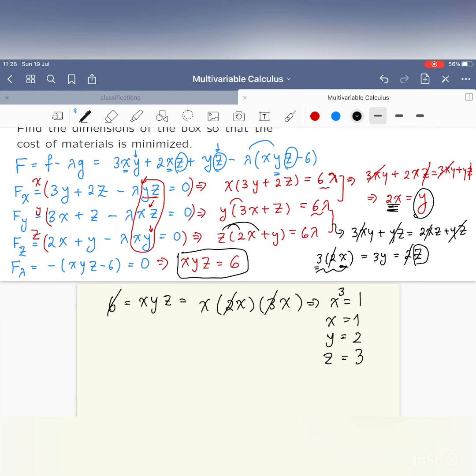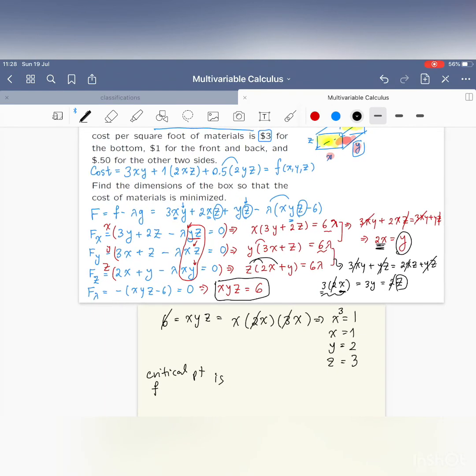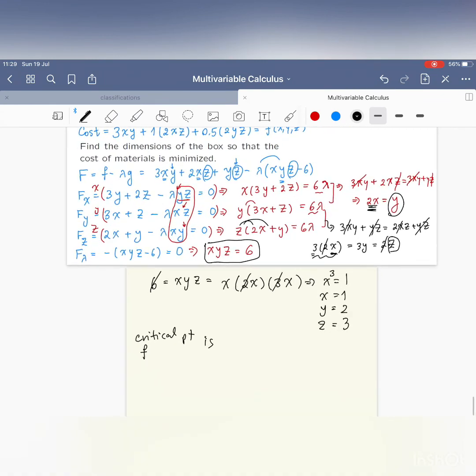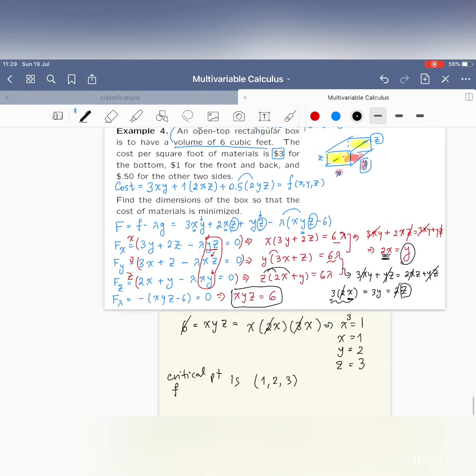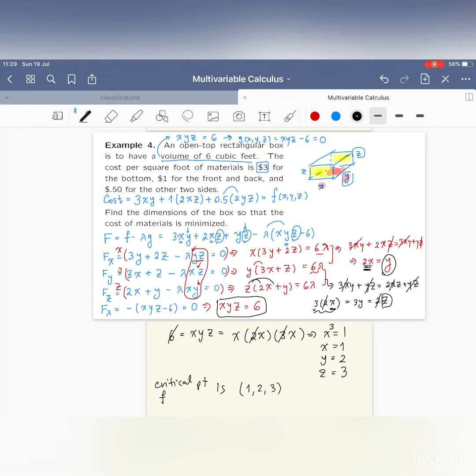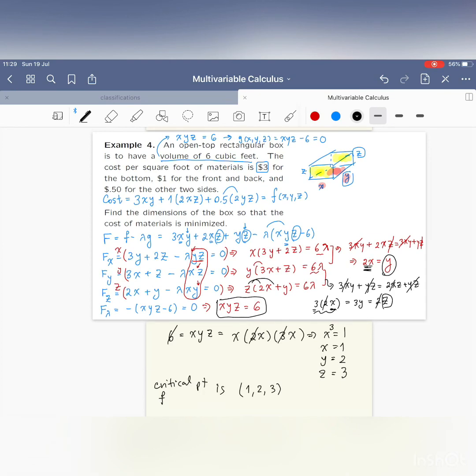So it means that the critical point for the small f, remember the small f is the cost function over there, is 1, 2, 3. And because you got only one critical point under this constraint, saying that x, y, z multiplied together must be 6, this one will give you the minimum cost of the material to construct the box.